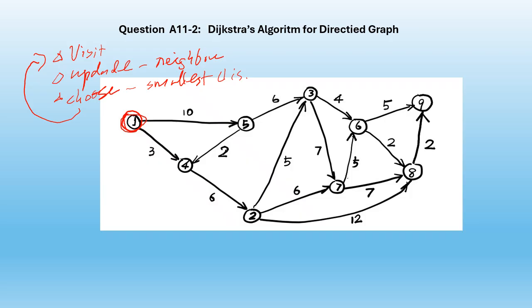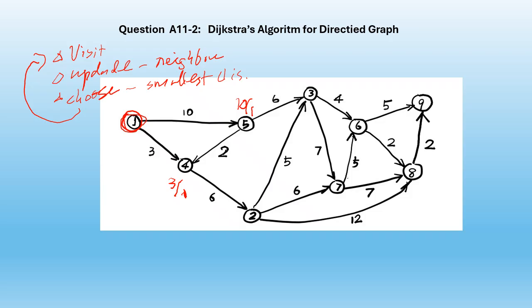So this one and number 4, the distance obviously is 3, through 1. Just pay attention to my notation: distance of 4 is 3 and goes through 1. Number 5 is distance of 10, through 1. So update. Now choose the closest, smallest distance to visit.